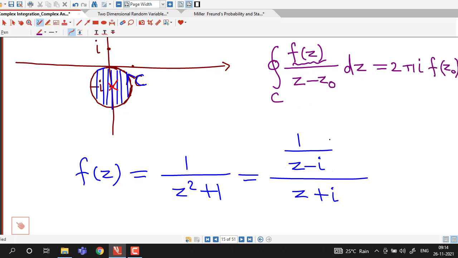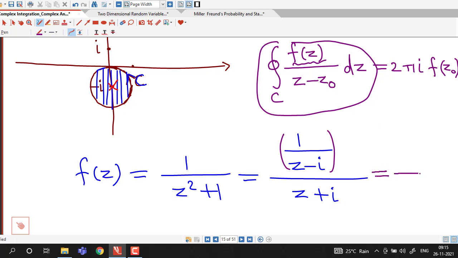So we can compare our function with this. If we compare these two, then f of z is 1 over z minus i, because it is analytic at every point inside and on this simple closed contour C, and this z0 will be equal to minus i.